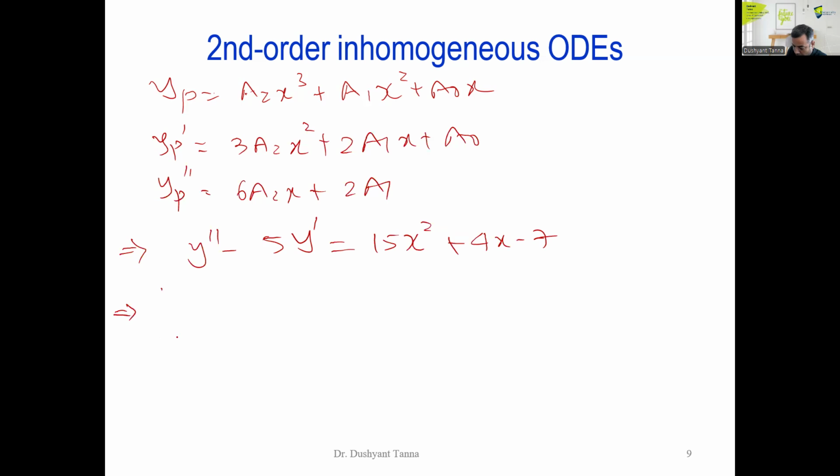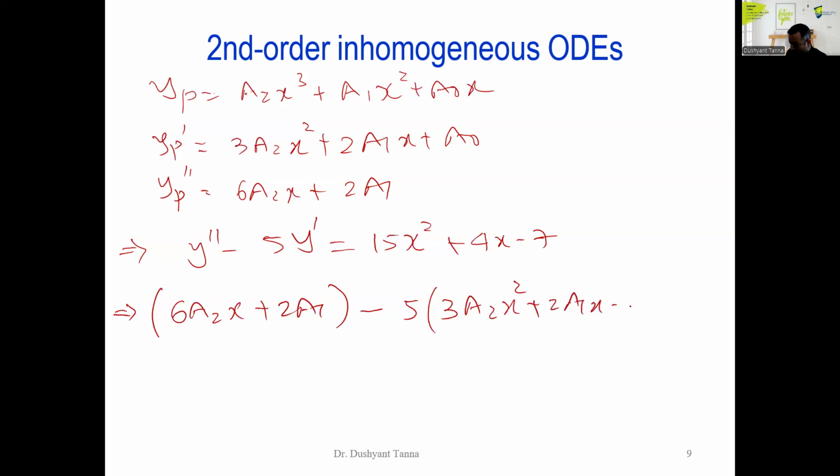Okay. Y double dash, 6a2x plus 2a1, minus 5 times 3a2x squared, 2a1x plus a0 is equal to 15x squared, 4x minus 7.